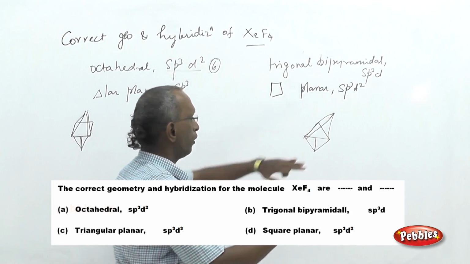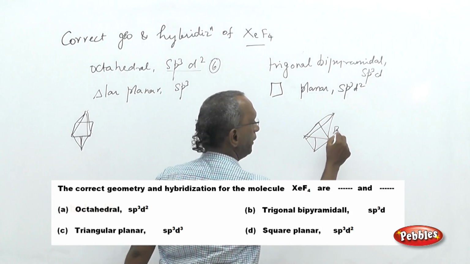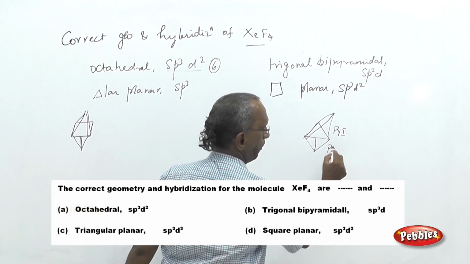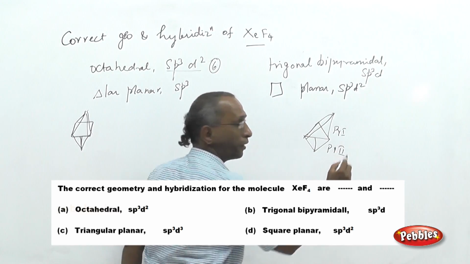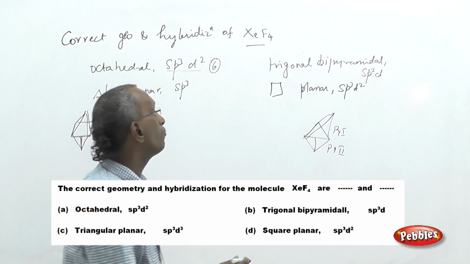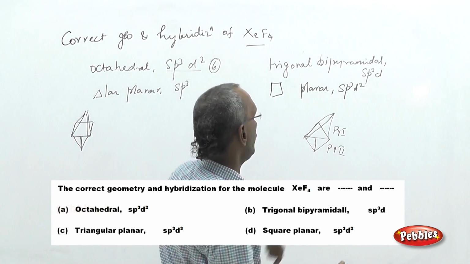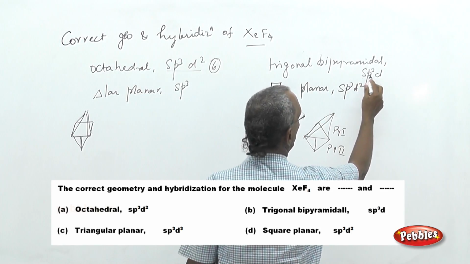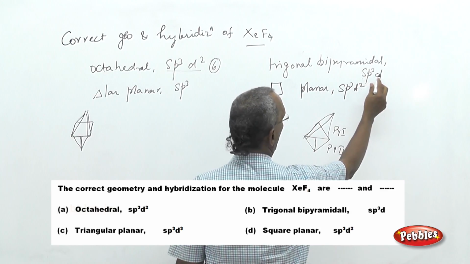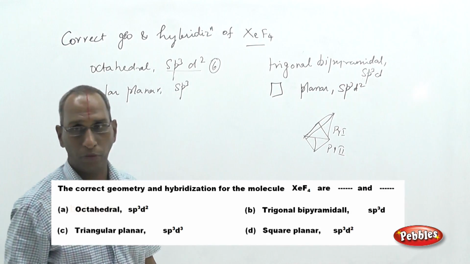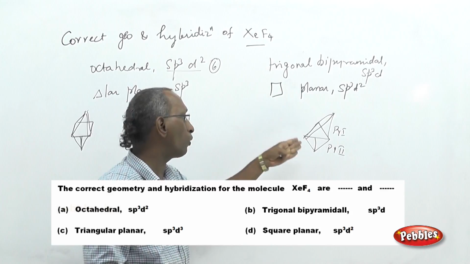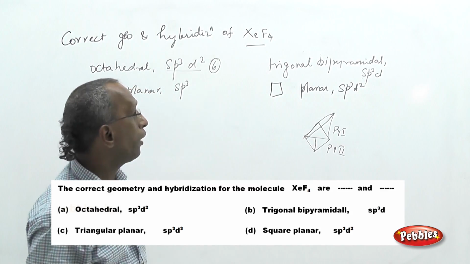The upper portion is one pyramid and the lower portion is another pyramid. The composite structure consists of 2 pyramids, trigonal bipyramidal. It has 5 vertices. So 1 s orbital, 3 p orbitals, 1 plus 3, and a d orbital, the 5th orbital. When these 5 orbitals overlap, they occupy the 5 vertices of the trigonal bipyramidal.